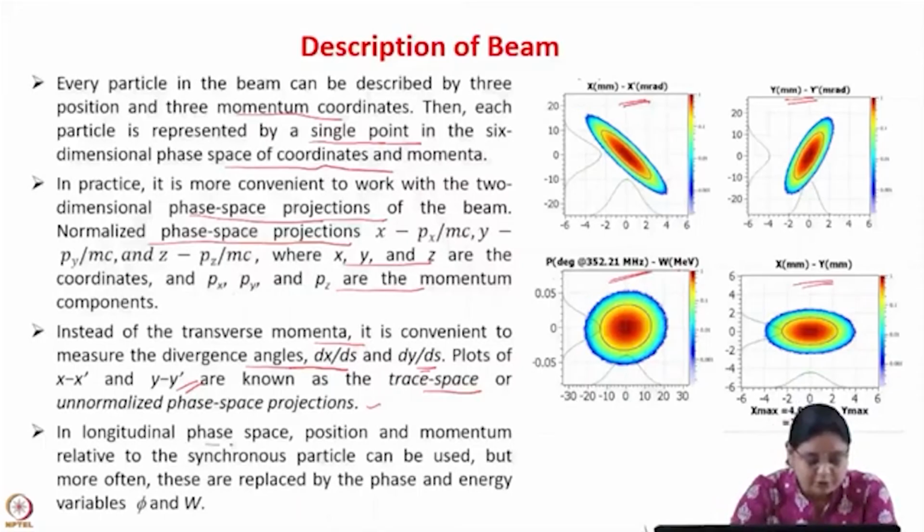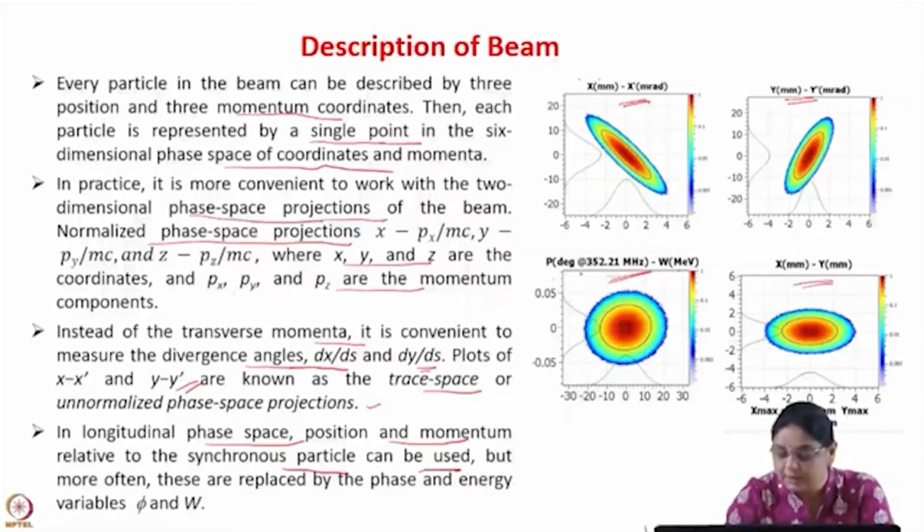So in longitudinal phase space, position and momentum relative to the synchronous particle can be used. But more often these are replaced by phase and energy, phi and w. So you can see here in the z direction, instead of z prime, we have used phase and energy, and this is with respect to the synchronous particle.